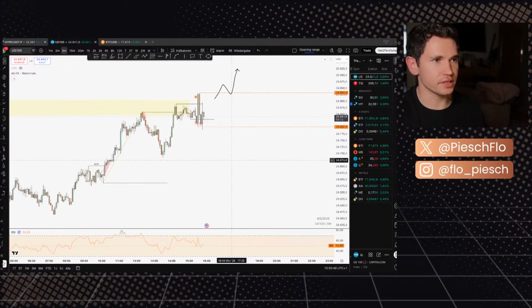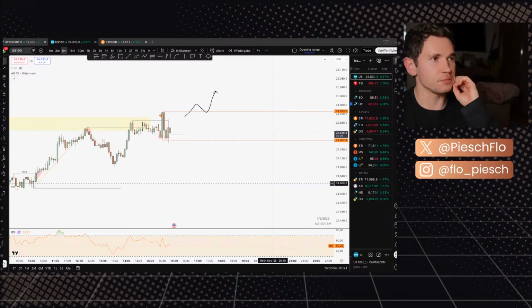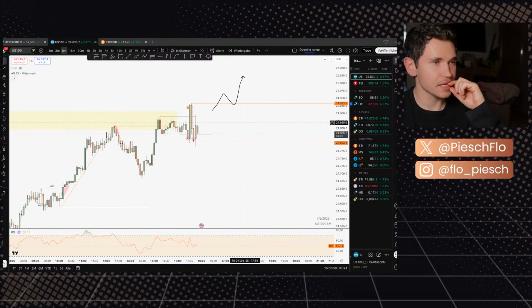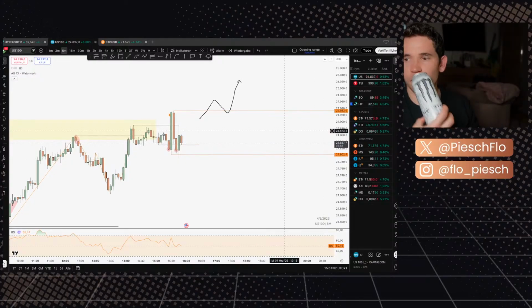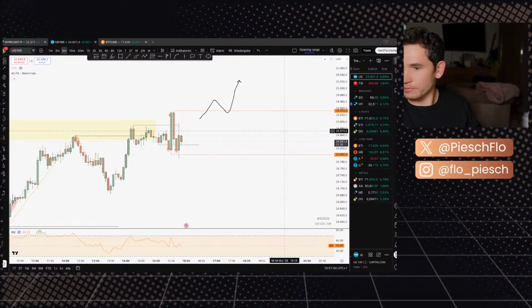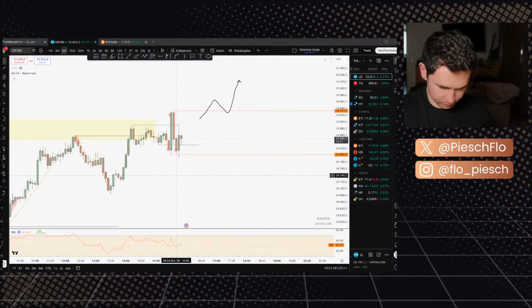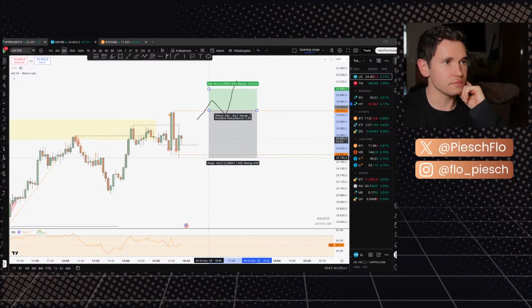But it looks honestly very clean for a short. But I have to do what my system gives me. Just because it looks clean doesn't mean anything. So I have to wait for market to give me my setup. But for now, if we get above here, I will try longs. Like this.